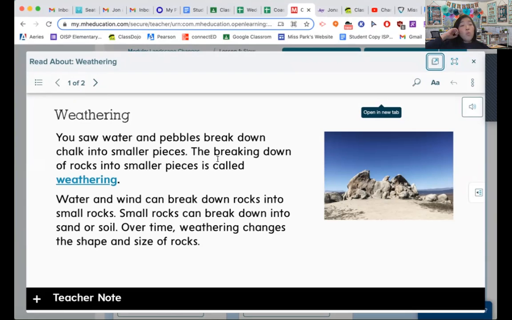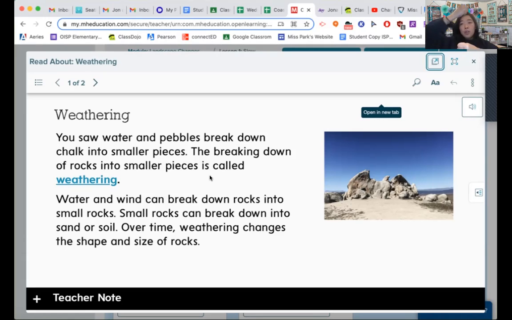Weathering. You saw water and pebbles break down chalk into smaller pieces yesterday. The breaking down of rocks into smaller pieces is called weathering. Let's go ahead and do some hand motions for that. Ready? Everyone pretend like you're breaking something down. The breaking down of rocks into smaller pieces is called weathering.